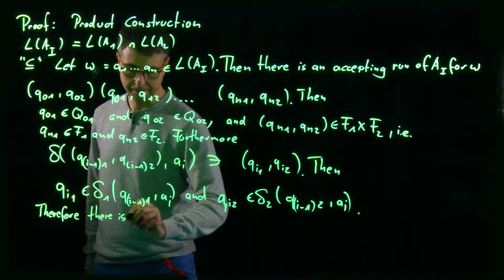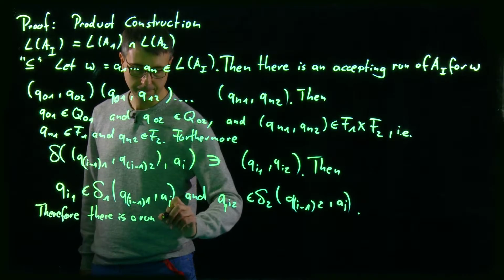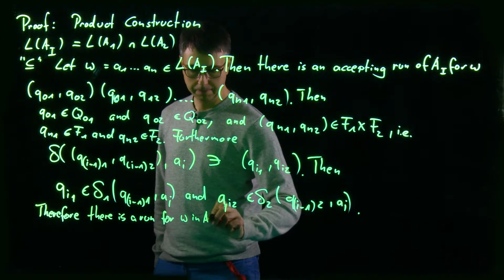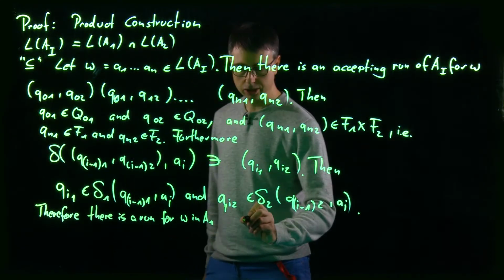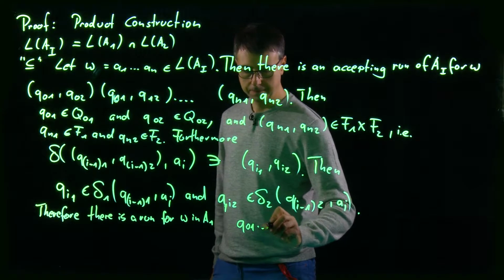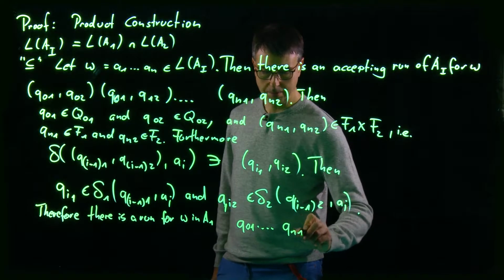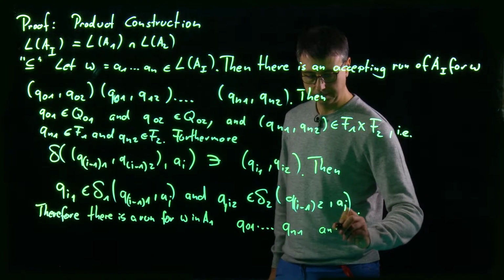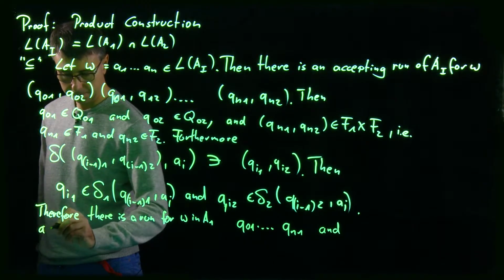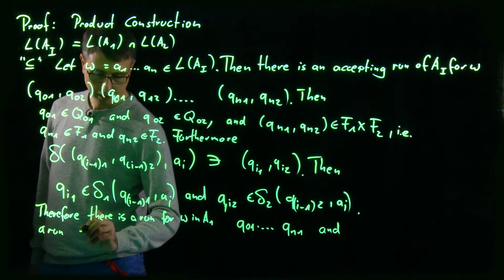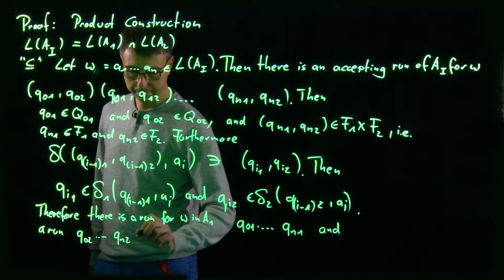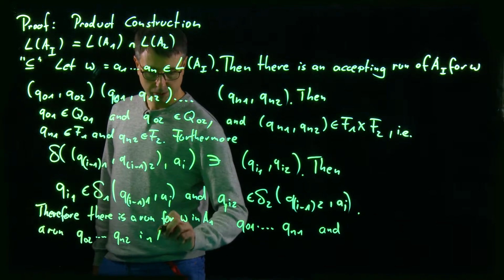Therefore, there is a run for W in A1, and this run is actually q01 up to qn1, and a run q02 up to qn2 in A2.